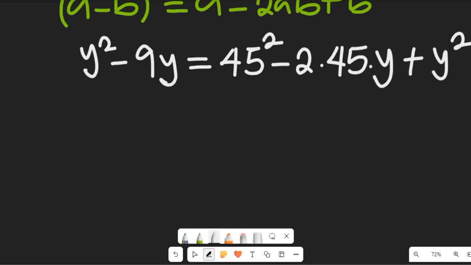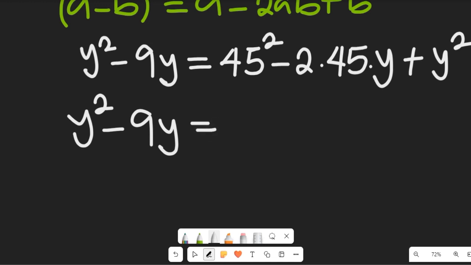We are going to have y squared minus 9y equal to 45 squared minus 90y plus y squared. Let's leave this as 45 squared for now, because we'll be heading somewhere.